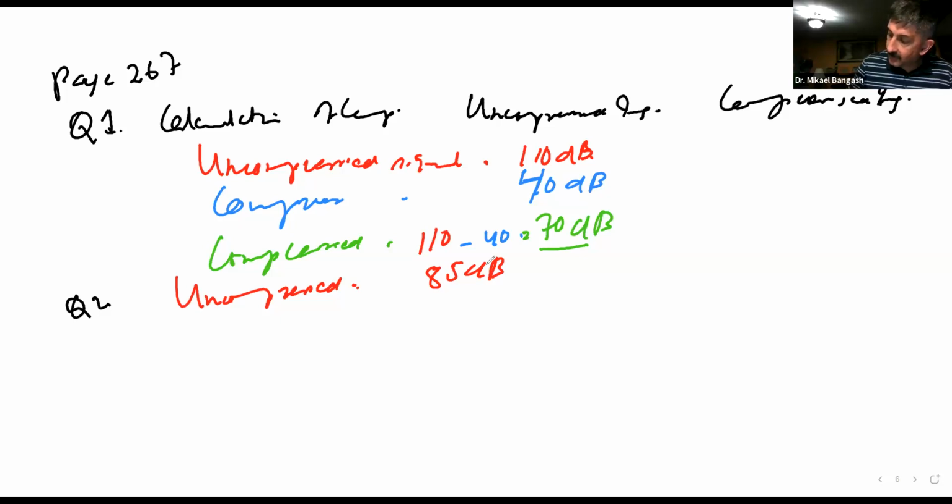Now the signal undergoes 30 decibels of compression. So the compression here is 30 decibels. Now what is the dynamic range of the compressed signal?